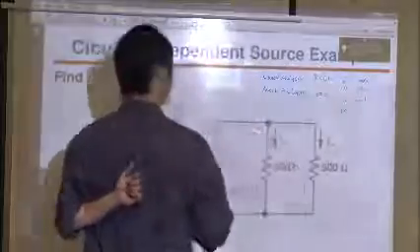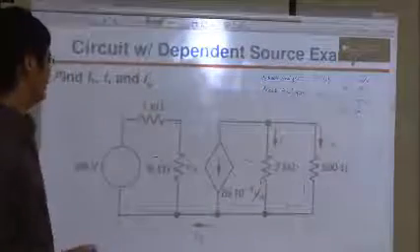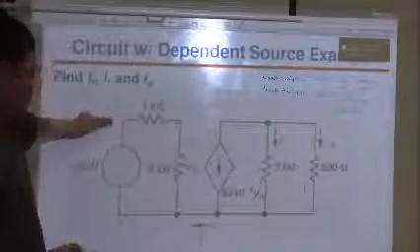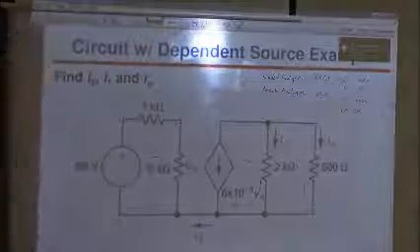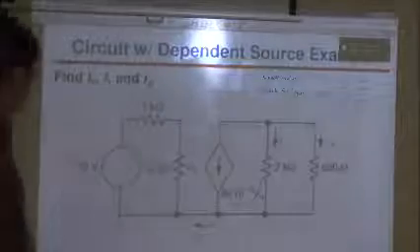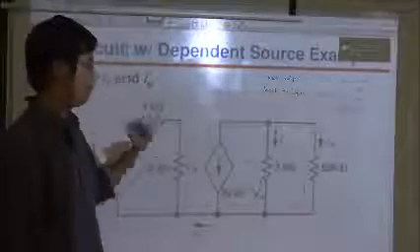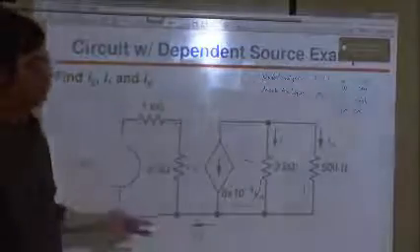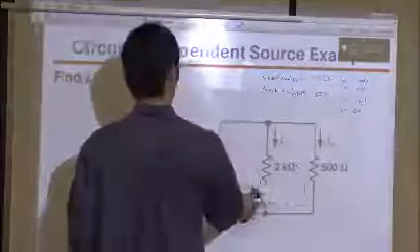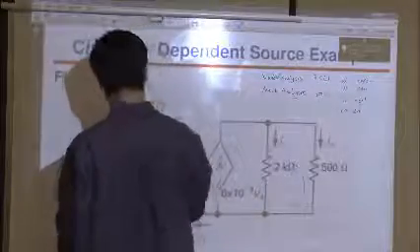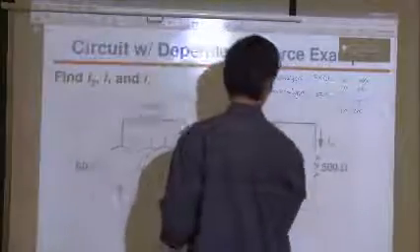But since this node is known already by this one, maybe effectively you can think of 3 nodes. So it's the same complexity. You have effectively 3 nodes and effectively 3 loops. So depending on your personal choice, you can find out which one to use. So let's do nodal first.